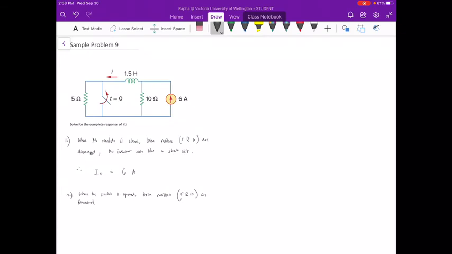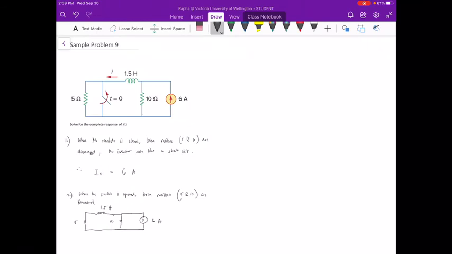So redrawing the circuit once again, we have 5 ohms, then our inductor on the top, we have 1.5 henries, plus another resistor over here, 10 ohms, then our current source, which is equal to 6 amperes.